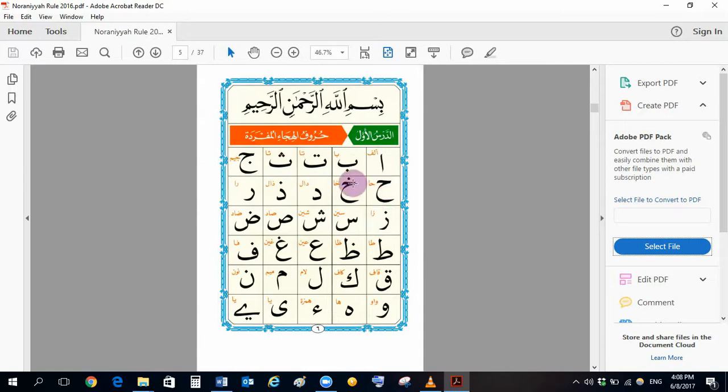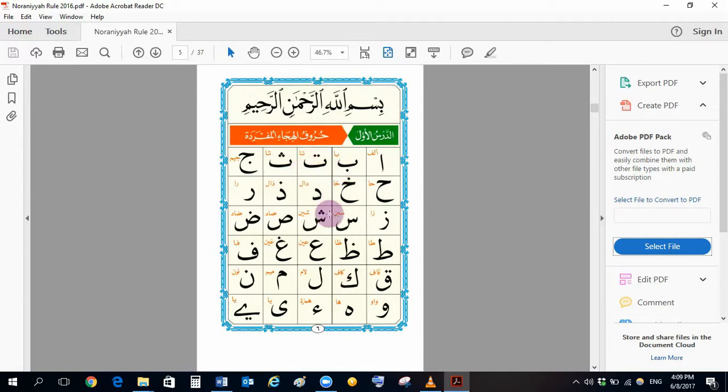And we also said that for some of the letters like Ba, Ta, Tha, and Ha, Kha, and Fa, and Ha as well, and Ya, we drop the Hamza at the end, because at schools they teach them as Ba, Ta, Tha, whereas in the Qaida Nurani we drop the Hamza just to make it easy when later on we start connecting the letters to each other.